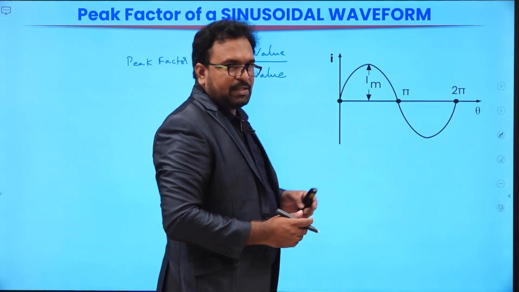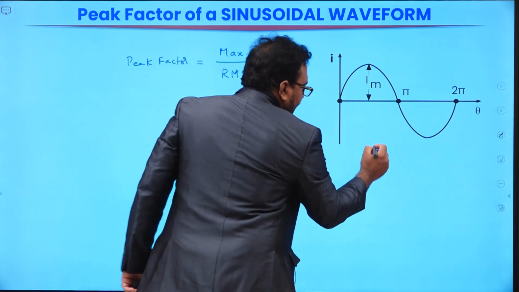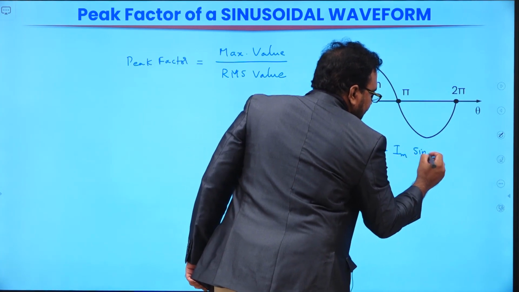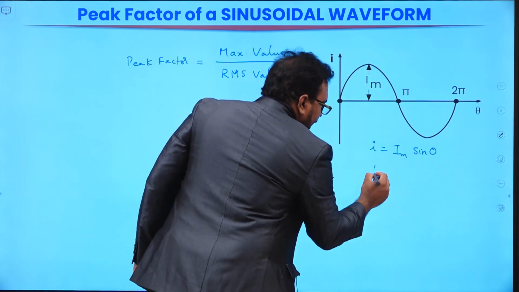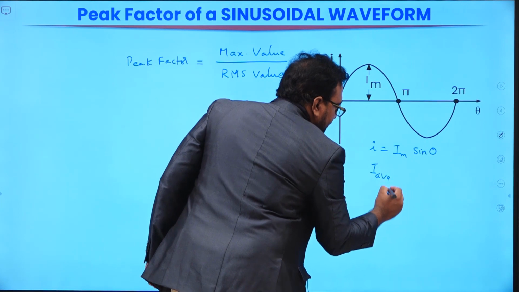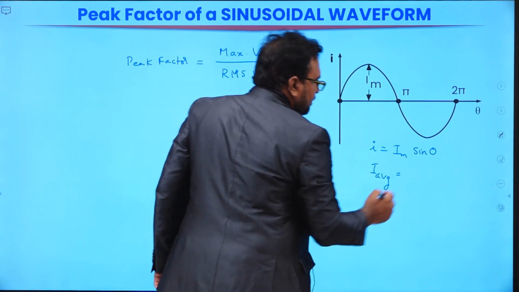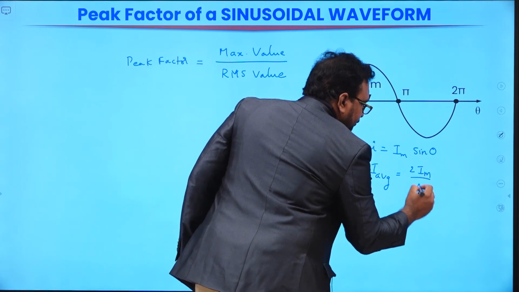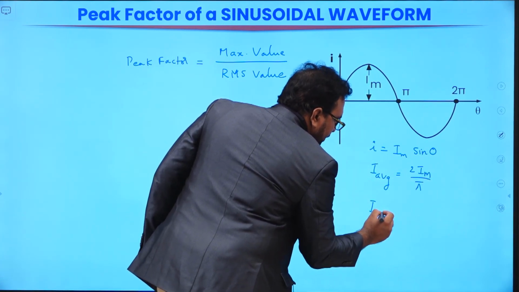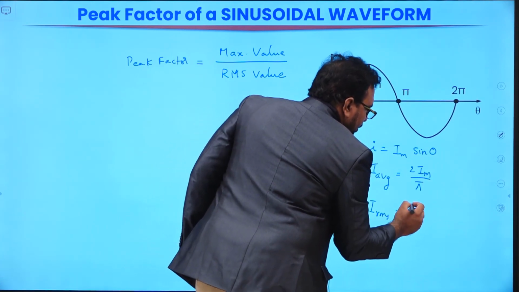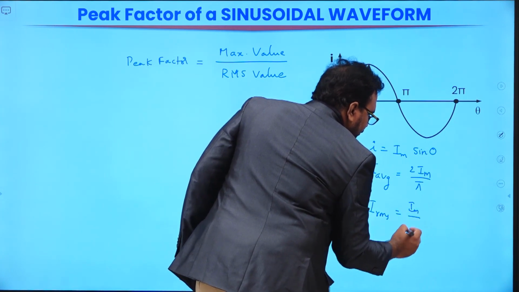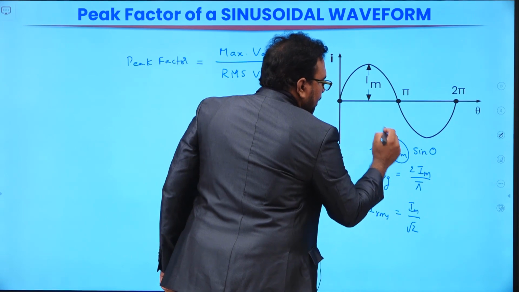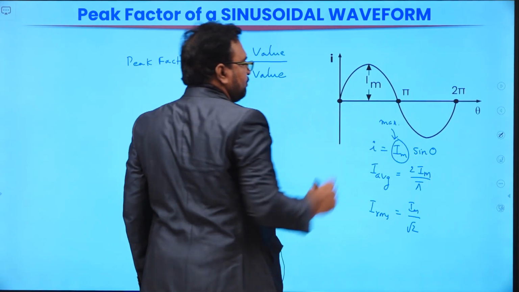Here I have considered the same alternating quantity, i equals Im sin theta. And we have calculated I average. What is I average? I average is 2 Im by pi. And what is I RMS? Im by root 2. Already we have calculated. What is this Im? This is nothing but the maximum value.